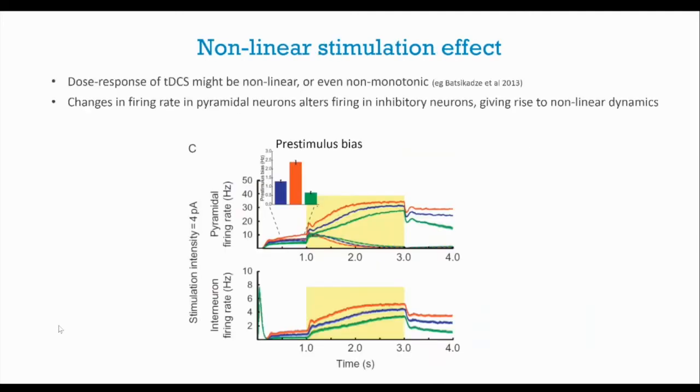One way you could leverage that is to ask now about the effects of stimulation. Many of you might be aware there's quite some interest in the possible nonlinear effects of TDCS. And that just really means that if I double my intensity, maybe the effect isn't double, but it may behave in an unpredictable way.